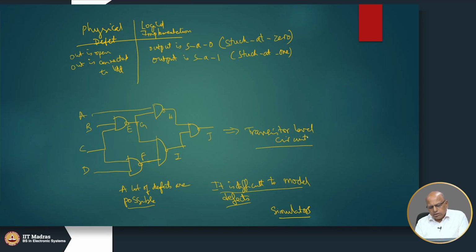And we can ask a simulator what would happen if this is open, what would happen if this is incorrect, this is not connected. So, you can create defects like certain lines are open, these two are short circuited. The simulator will tell you what is the output, okay. So, simulators are available for this.